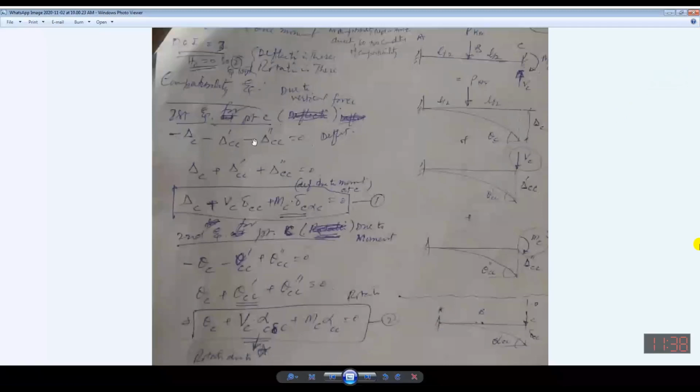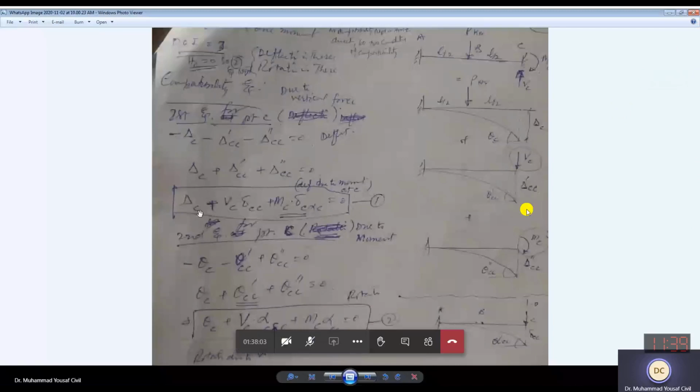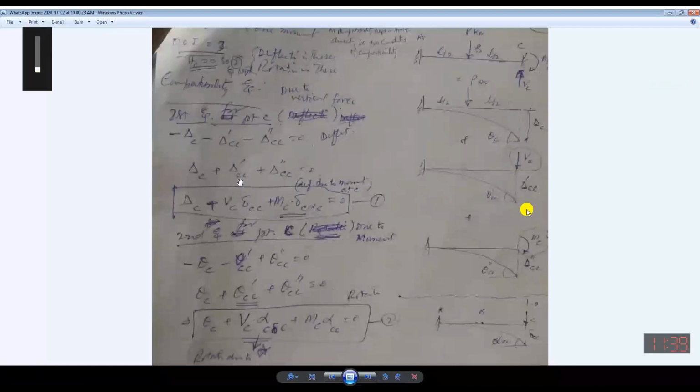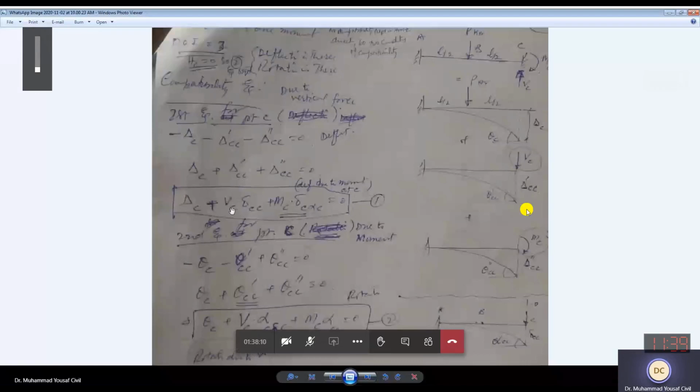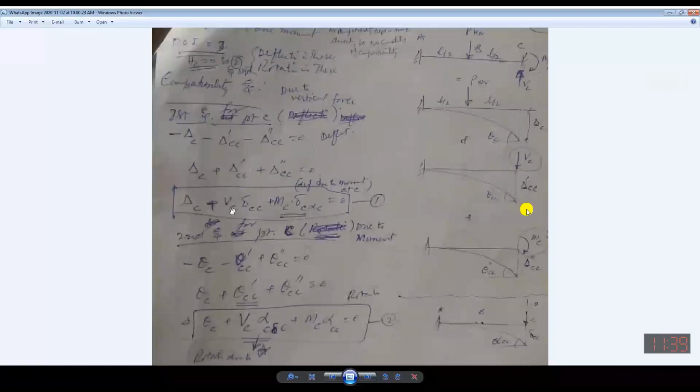Now this double dash, how can I define it? Delta dash CC is the deflection at point C due to load at C, so VC into delta CC. And delta double dash CC means the deflection at C due to moment at C, note it. I have separately given the notation.